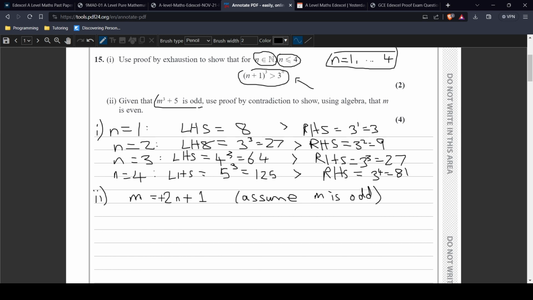Okay, and if we assume m is odd, then m cubed we can write as 2n plus 1 all cubed.